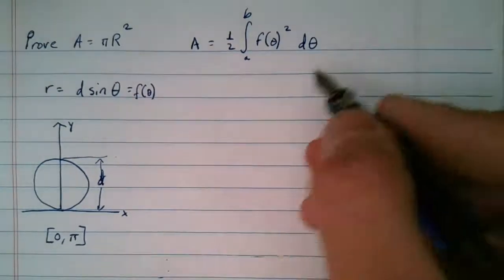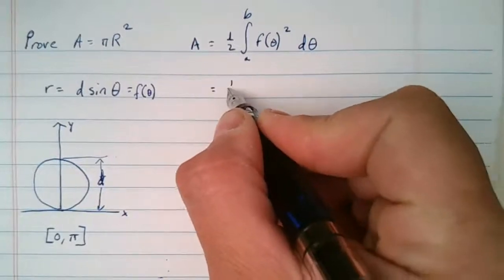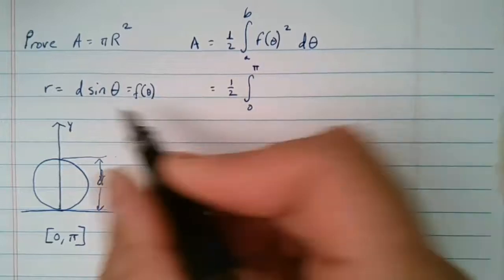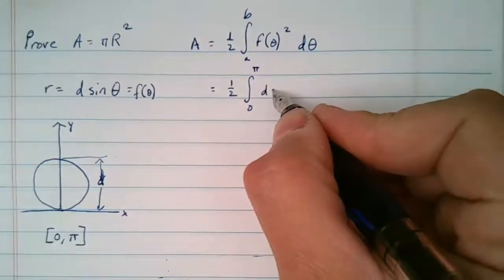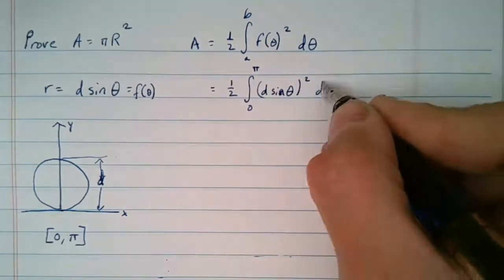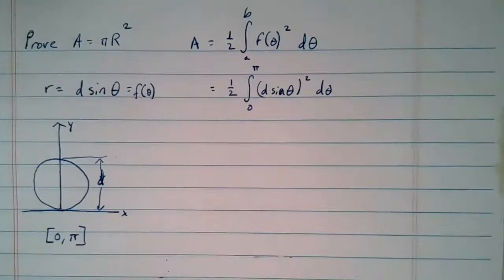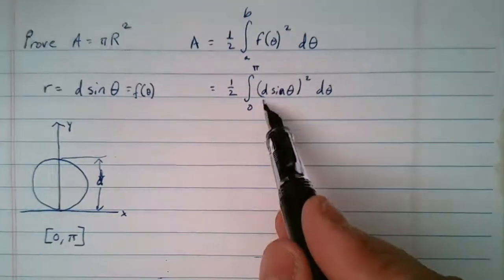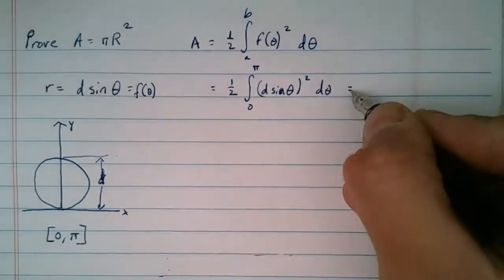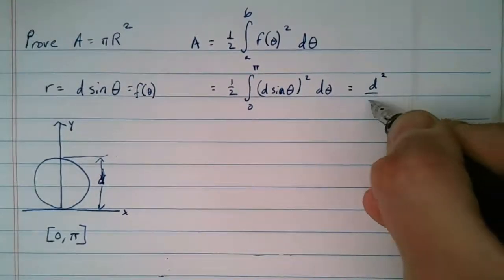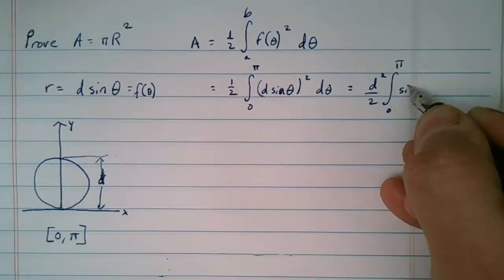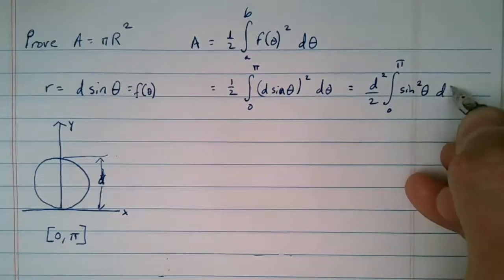Okay, so here goes. This is going to become 1/2 integral, and we're going to go from 0 to pi of d sine theta squared d theta. Now, I'm going to cheat. The diameter is a constant, so I'm going to factor that out. So that is going to be d squared by 2 integral 0 to pi of sine squared theta d theta.